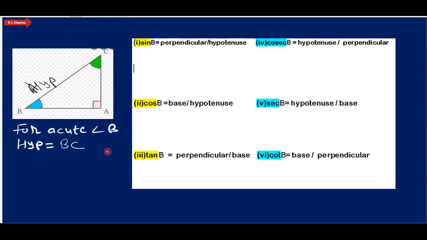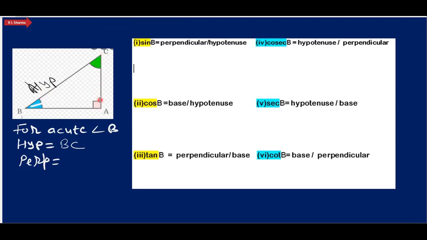Then we identify the perpendicular. Perpendicular is the side just opposite to the angle under consideration. We have considered angle B, and the side opposite to B is AC.